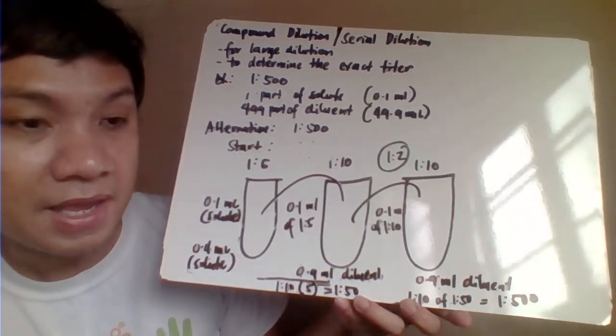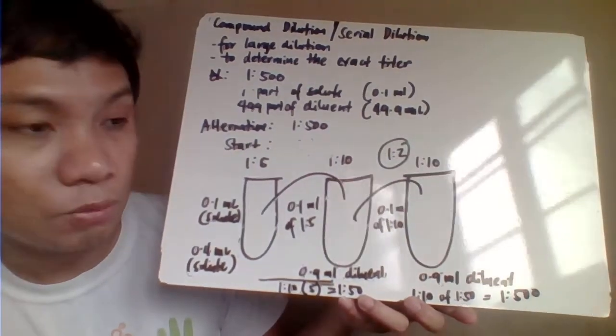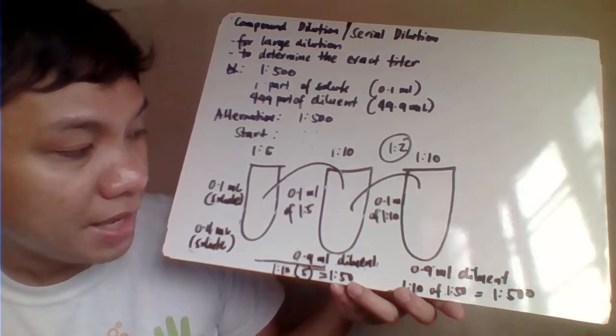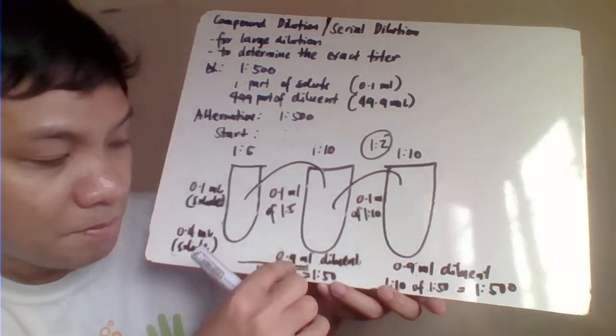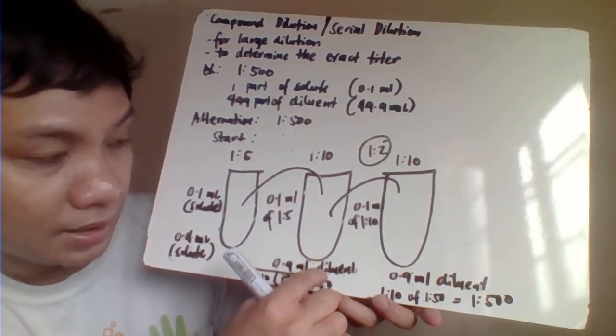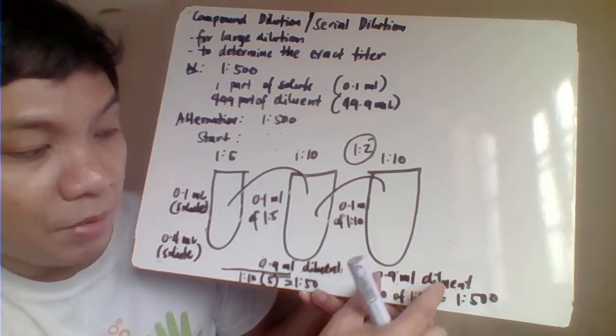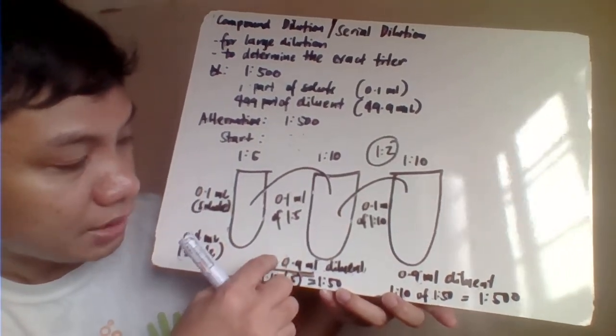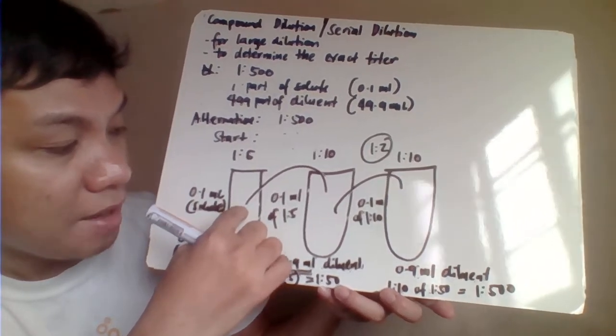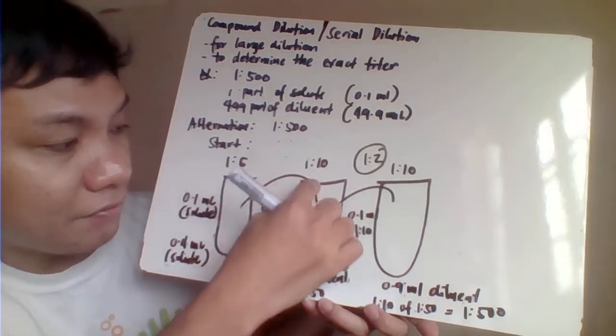Then you're going to make the second tube a 1:10 na dilution. How are you going to make the 1:10 dilution? Lagyan mo dito ng 0.9 ml na diluent. The same is true with tube number 3, may 0.9 ml na diluent na tayo. All you need to do is get 0.1 ml dito sa 1:5.